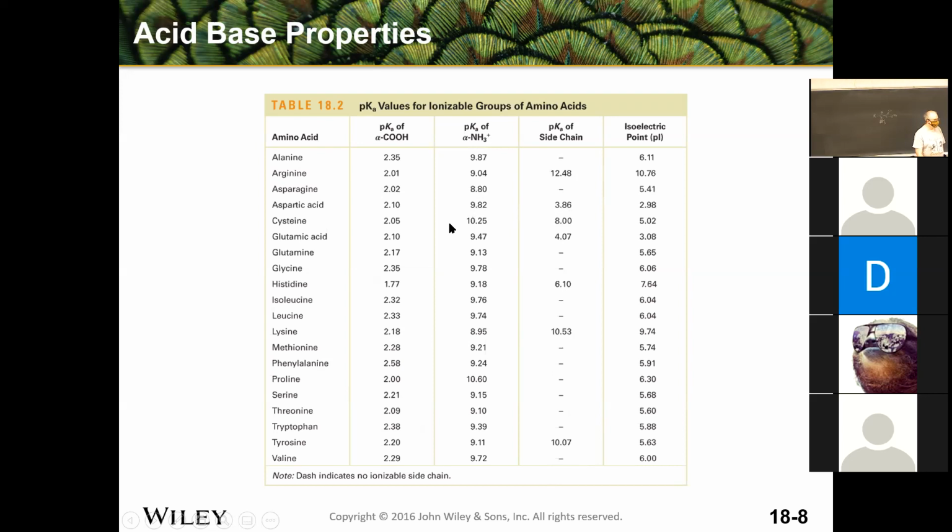And then we have some that have acidic side chains, like aspartic acid. Okay, so it has a low pKa for its side chain, and glutamic acid. Okay, and then this last column is something called the isoelectric point, or PI.